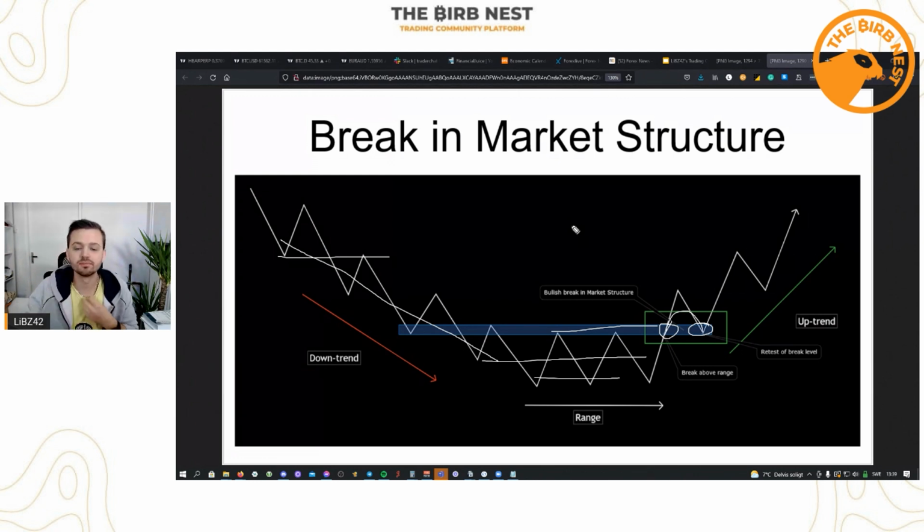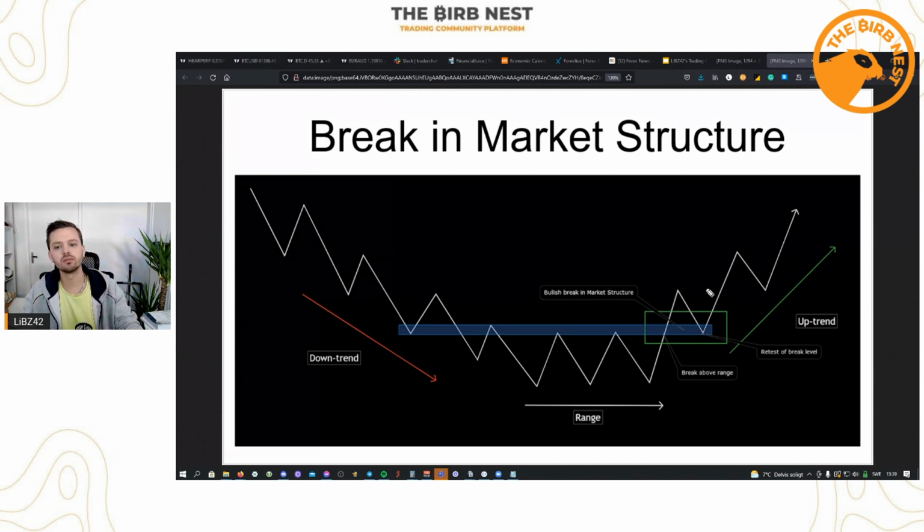Very, very possible. So yeah, that's the whole idea of looking for bullish breaks in market structure. Right now, let's go into the live market. And actually, I haven't prepared any live charts, so we'll just have to look for some good examples of this. And I'm pretty sure we have something on a recent call. Let's see.